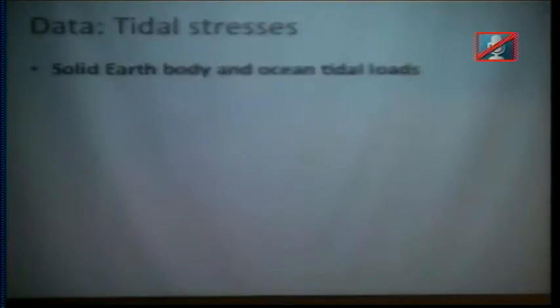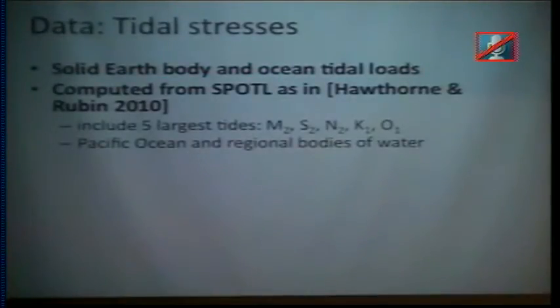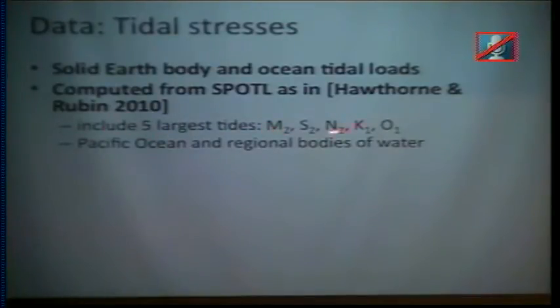Now, how do we get these tidal stresses? Well, they include both the solid earth and ocean loads, so the solid earth from the sun and the moon. And basically they're computed from Duncan Agnew's Spotl code. And I'm following the method of Hawthorne and Rubin, and in fact, Jessica Hawthorne was very helpful in doing this.